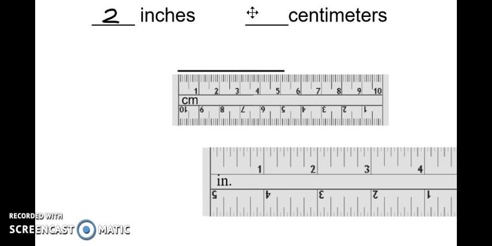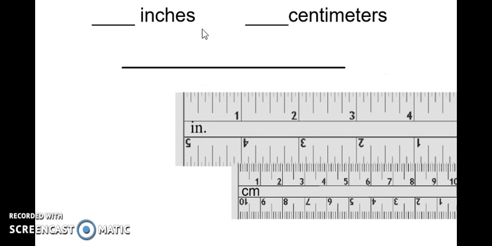So I'm going to write a 5 on the line. And again, we notice that my inches measurement is a smaller number than my centimeters measurement. And again, remember, that is because each centimeter is smaller than each inch. The centimeters are smaller units, so we're going to have more of them.